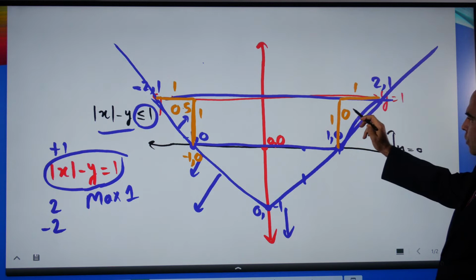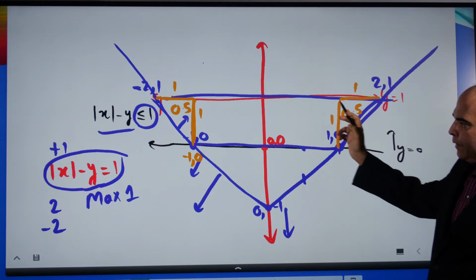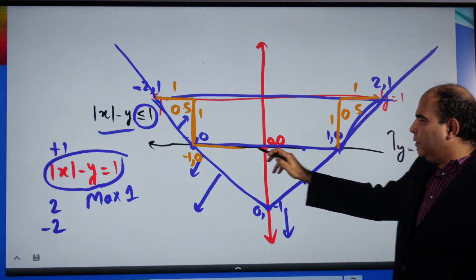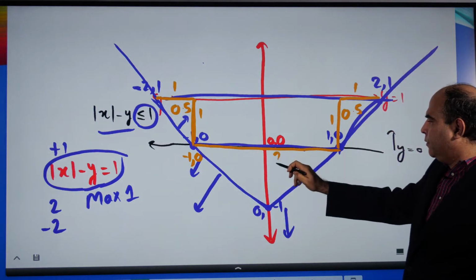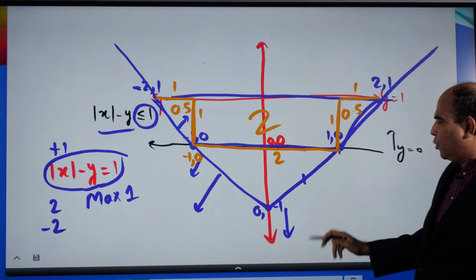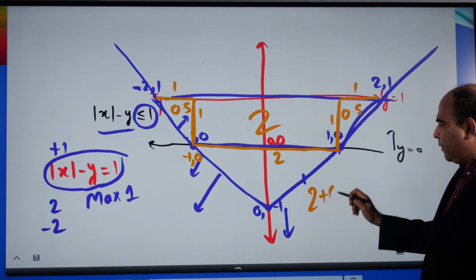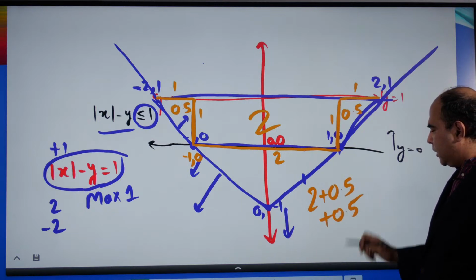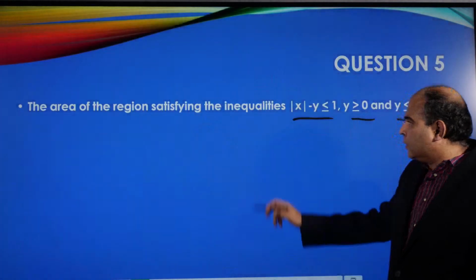So this is also an area of 0.5. So 0.5 here and 0.5 there. And then you have this rectangle, which has a base of 2 and a height of 1. So the area of this rectangle is 2. So the total area is 2 plus 0.5 plus 0.5, which is 3. So the correct answer to this question is 3.